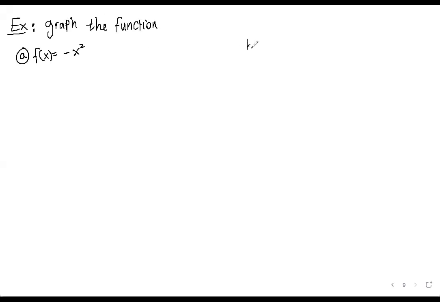Second one, g of x equal square root of minus x. Who will give me an idea how I can graph this one? Let me give you 1 minute to think how to graph the first and the second one. Or give me any idea how to graph the first and the second one.